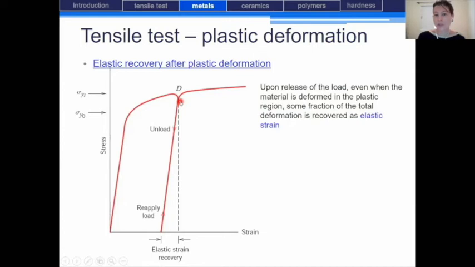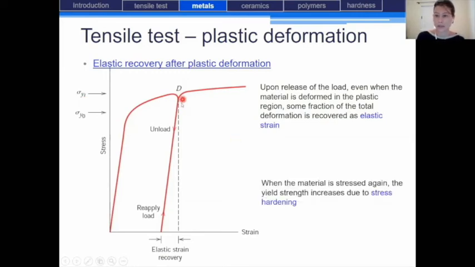And then what we are going to observe is that there is a new yield point. So the yield point at the beginning of the stretching of the sample is represented right here. It is epsilon 0. And in the second case, when we stop the plastic deformation, remove the load and reapply the load again, there is a new yield stress that corresponds to epsilon I, right here. And so what does it say?